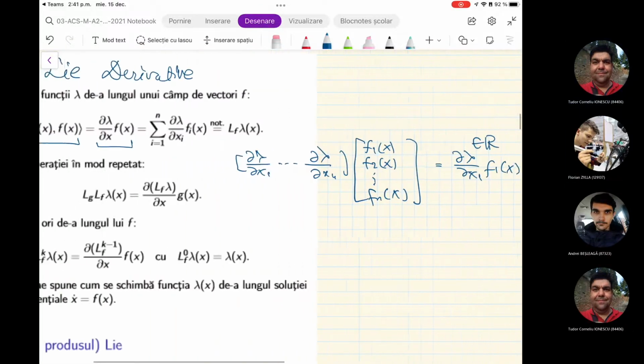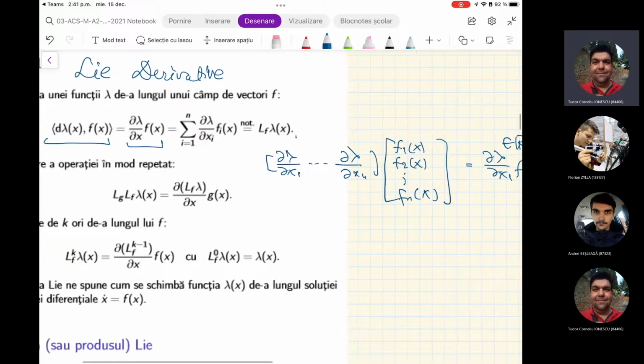Okay, and we have this notation L_f of lambda(x).